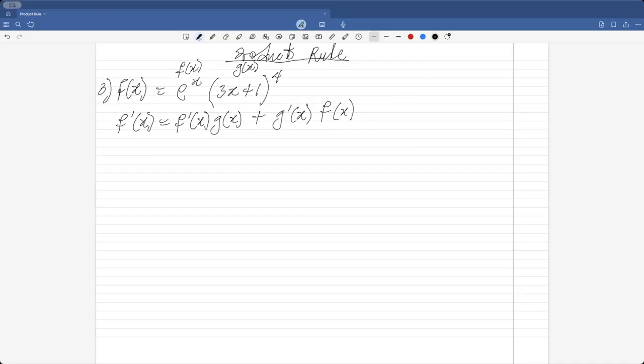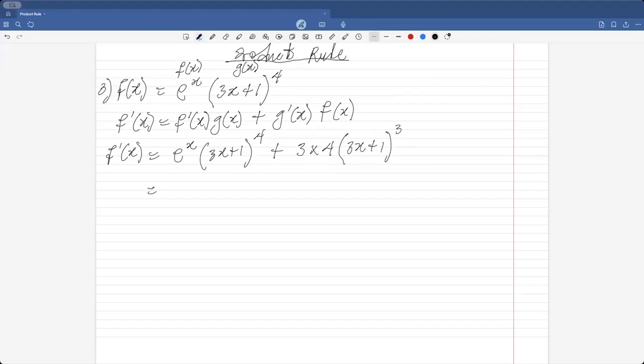So at this point in time, f prime x equals the derivative of e to the x, which is still e to the x, followed by (3x plus 1) to the power of 4, plus the derivative of g(x) is 3 multiplied by 4 (3x plus 1) to the power of 3.